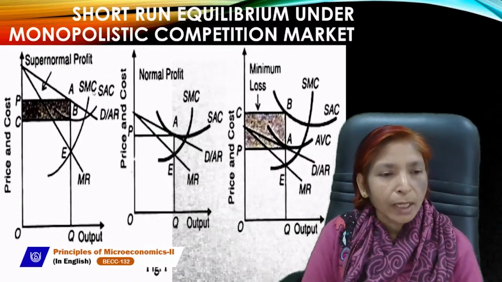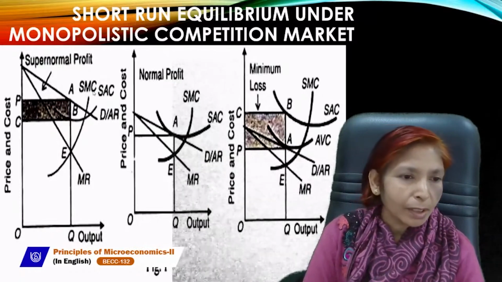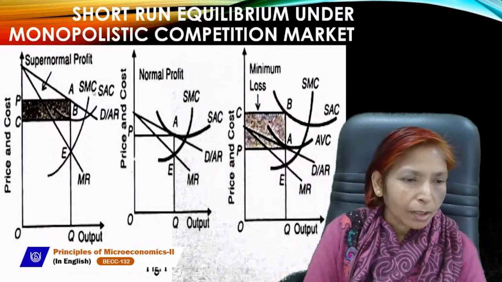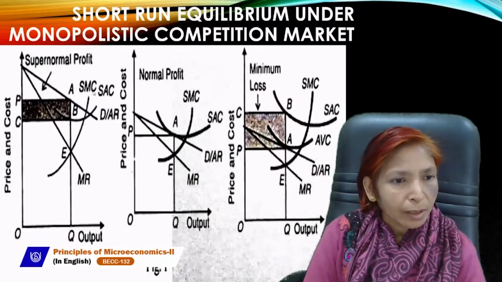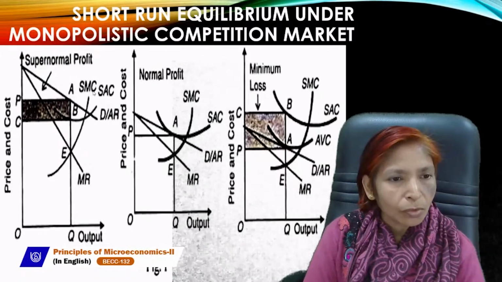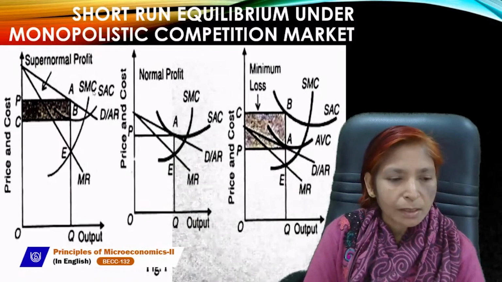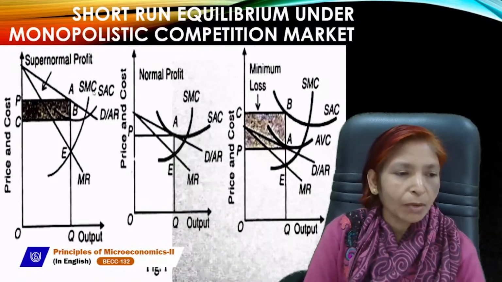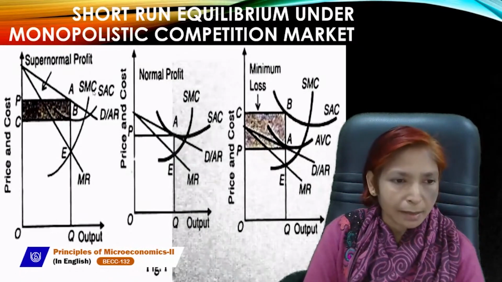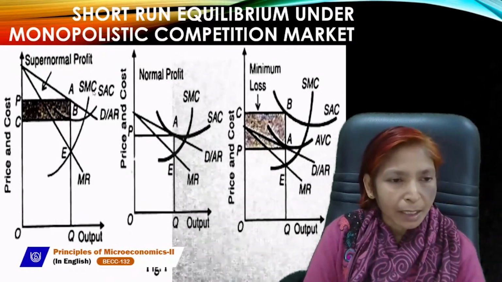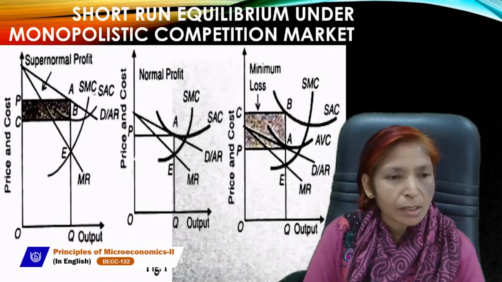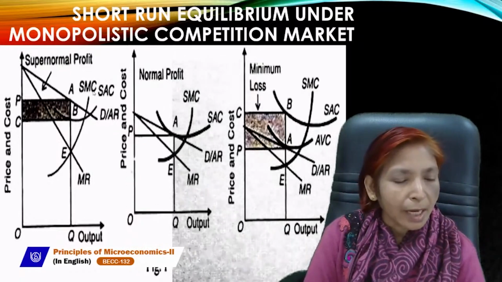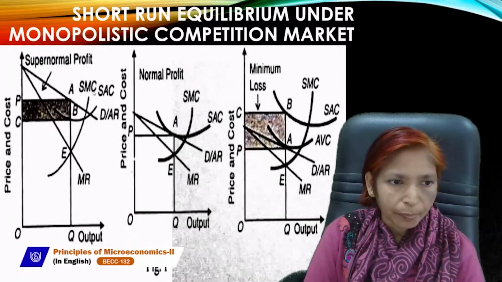Now we will meet or touch that point where this line touches the AC curve. AQ is our price, or PO is also called price. Where this price line intersects or touches the SAC curve, that point is point B.